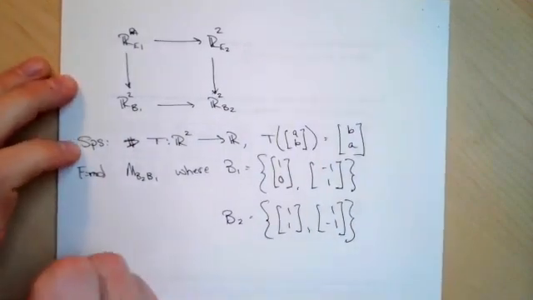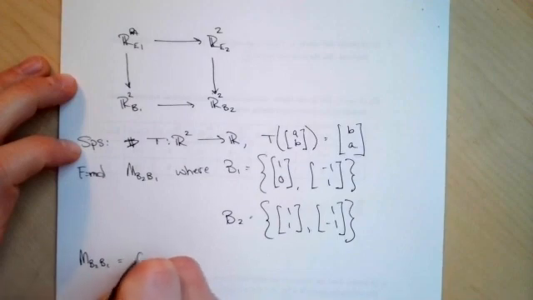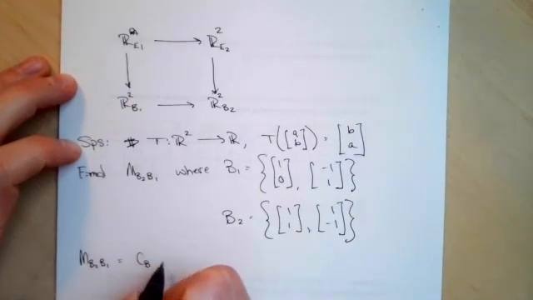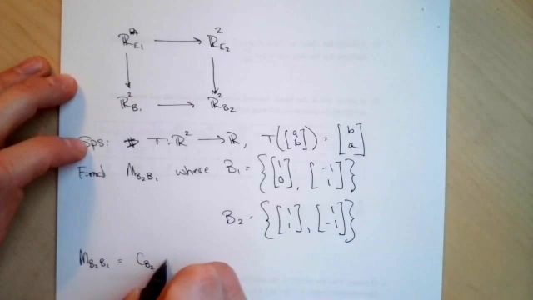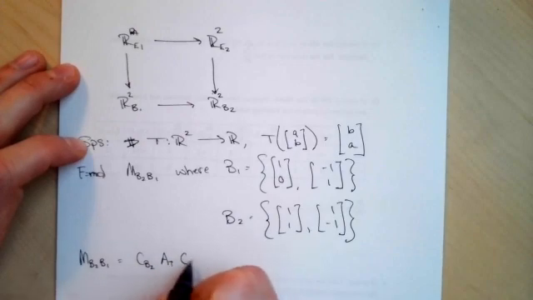So all we've got to do is compute all the pieces. So here's our formula. We need CB2, the transformation associated to T in standard coordinates, and then the inverse of CB1.